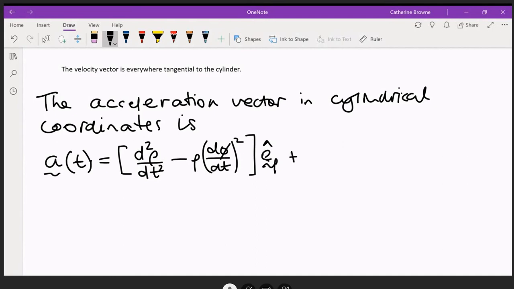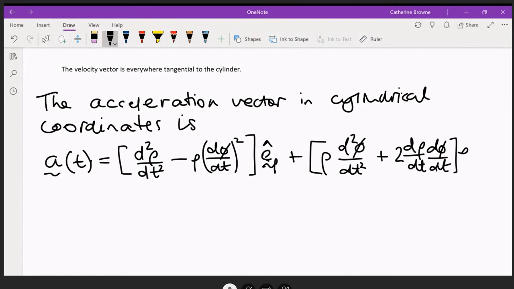And then in the phi direction, we've got rho times the second derivative of phi with respect to t, plus 2 d rho dt times d phi dt. Plus the second derivative of z with respect to t.